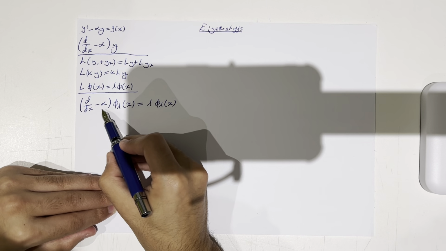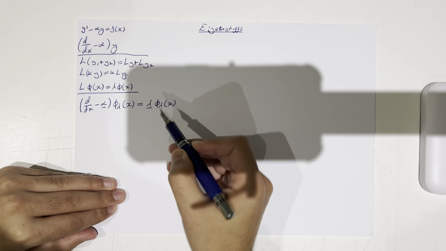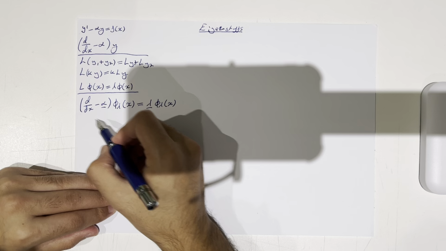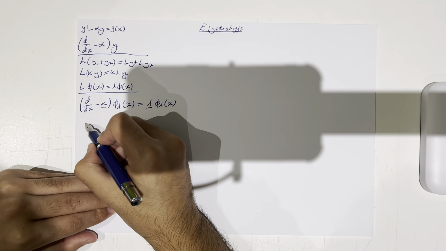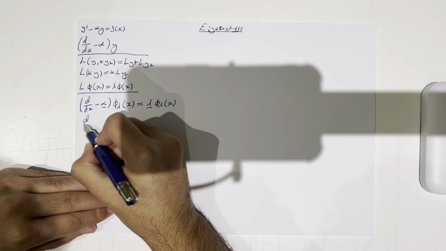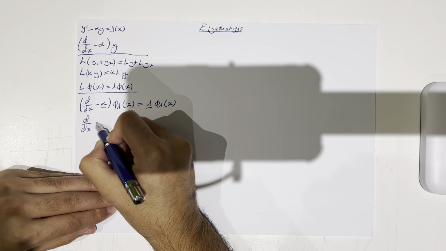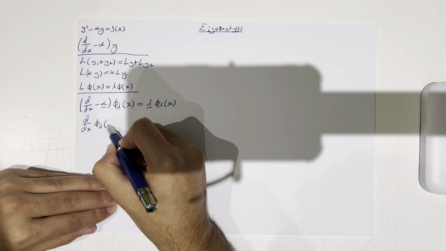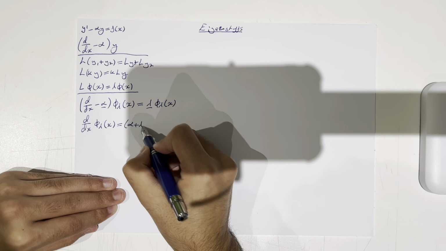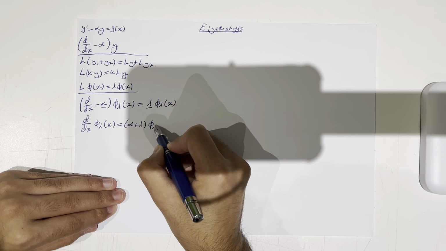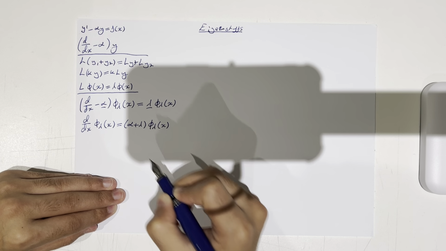Now, since alpha and lambda are both constants, we may move one to the other side and we end up with a rather simple differential equation. d over dx of phi sub lambda of x equals alpha plus lambda times phi sub lambda of x.